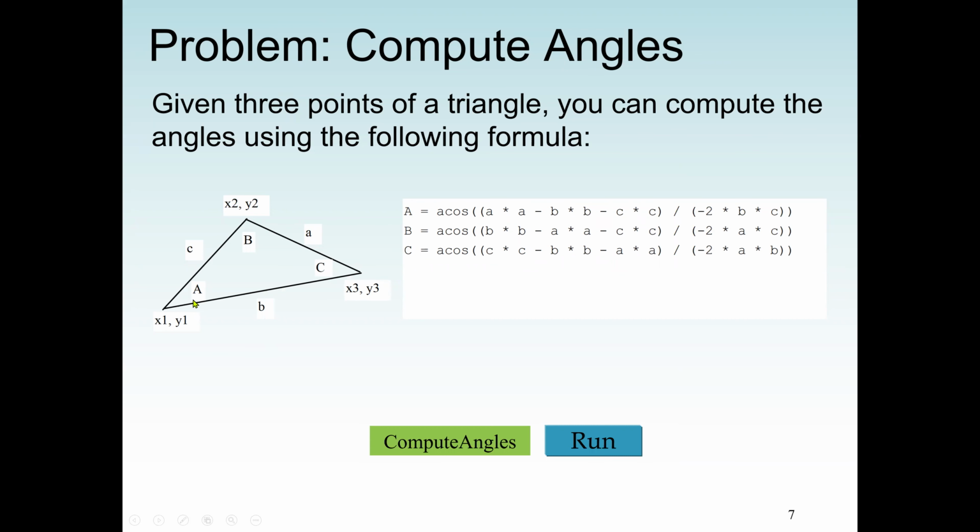So the angle for A will be acos of (A squared minus B squared minus C squared) divided by negative 2BC. B will be acos of (B squared minus A squared minus C squared) divided by minus 2AC. And that's the formula.